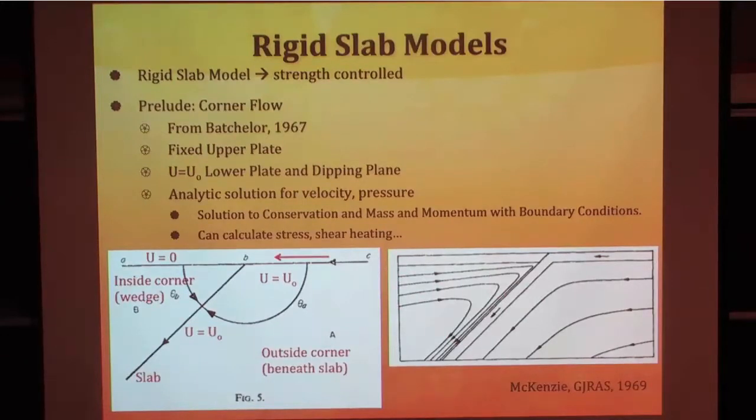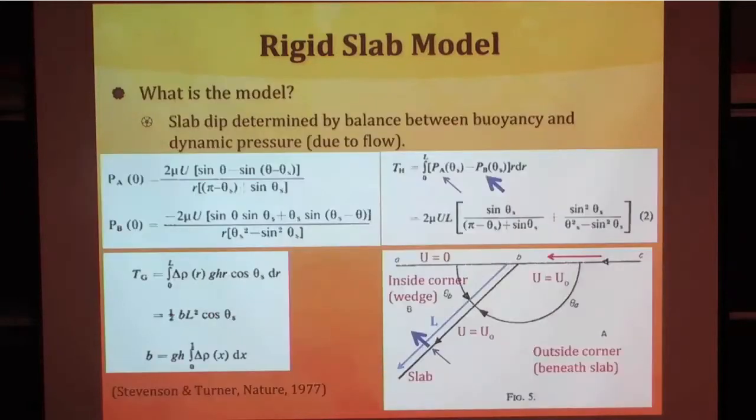So McKenzie worked out these equations. You have the pressure here, which depends on, these are the only things that matter, the viscosity, how fast the plate is moving, and then a bunch of just angles. Where are we in this flow? And also how far down are we along the slab?